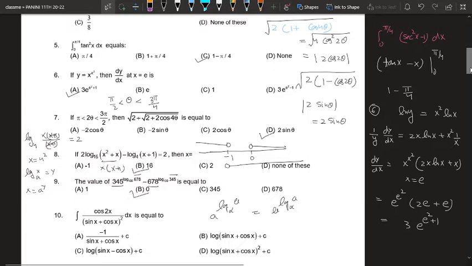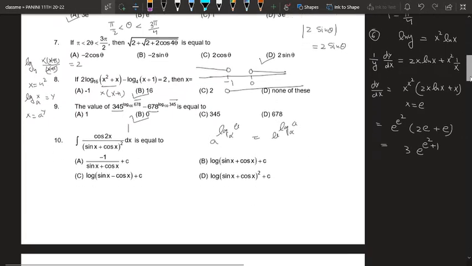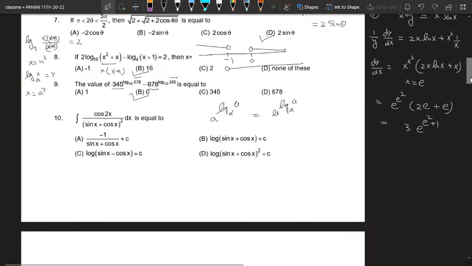Now if we come to problem number 10, again a problem of indefinite integration, with cos 2x over this.